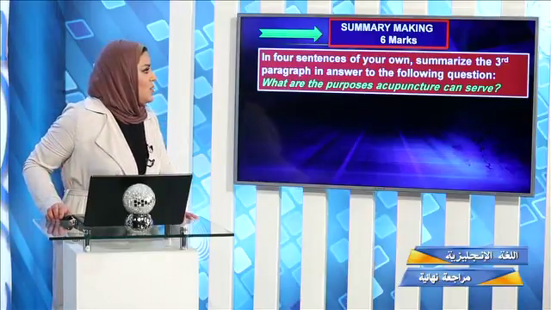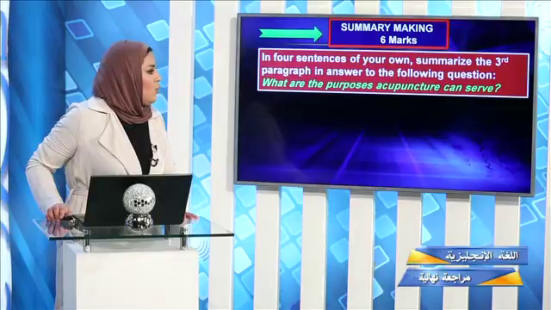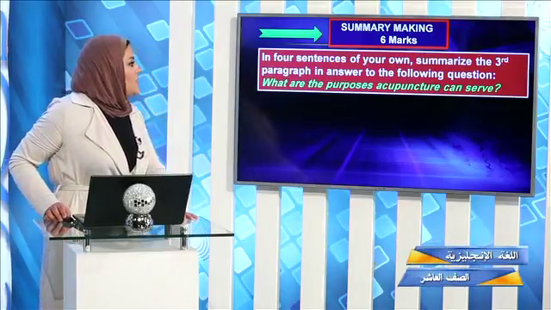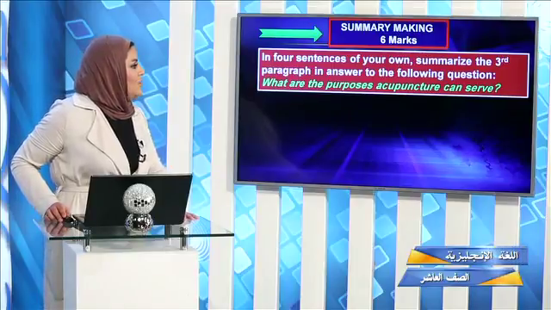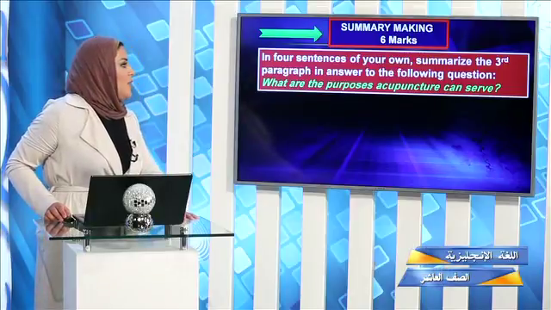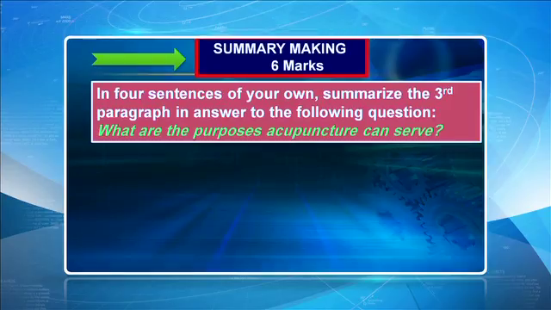As you can see here, the summary making will give you a total of 6 marks, and in 4 sentences of your own you will have to summarize the 3rd paragraph in answer to the following question.